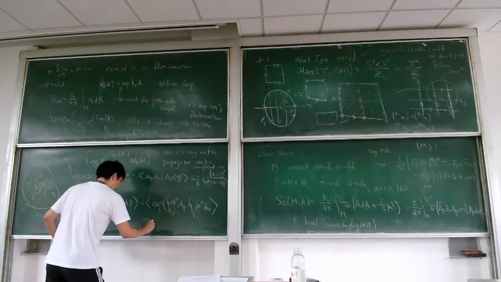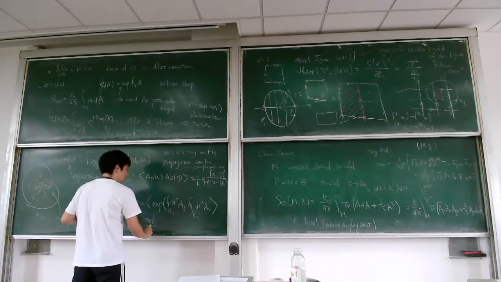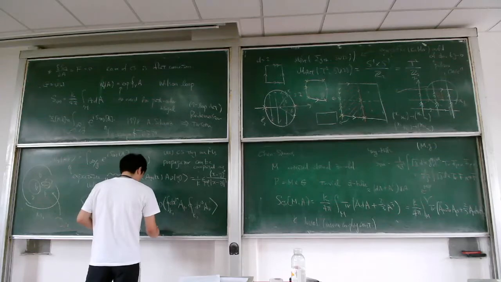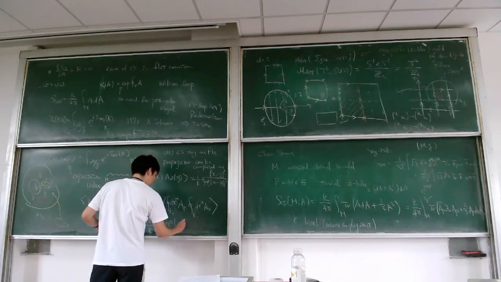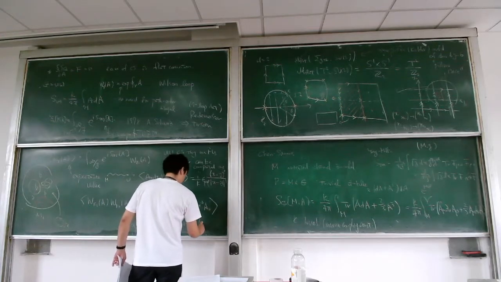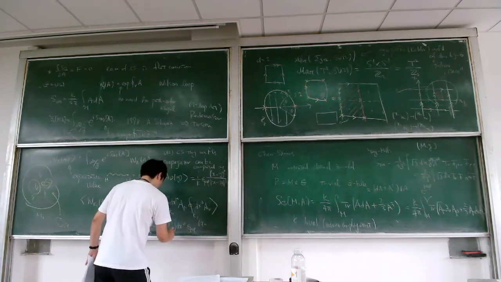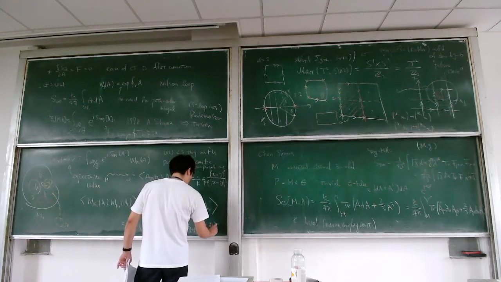4 pi i divided by k. Oh, sorry, x1 minus x2, and the rho divided by x1 minus x2.